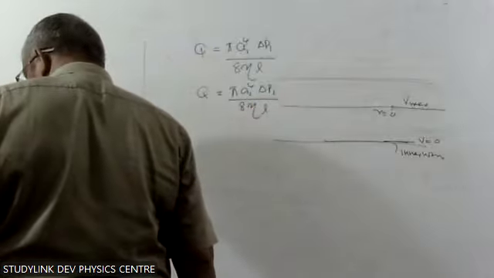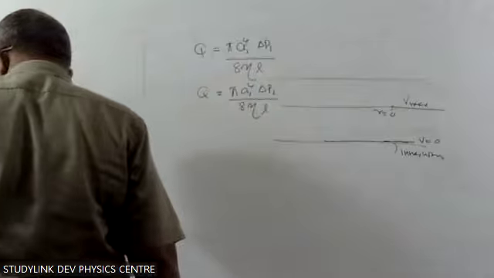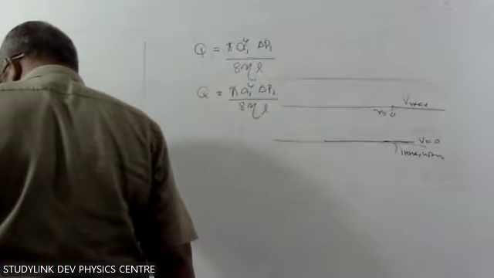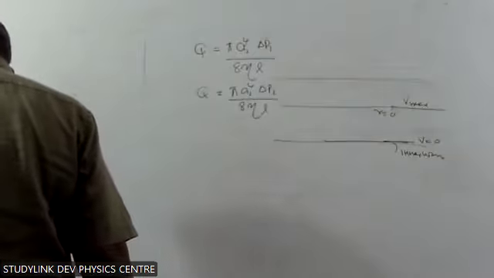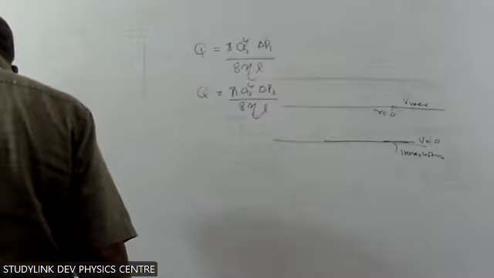They are saying the rate must be the same. Understood? Calculate the pressure difference that should be maintained across the tube.